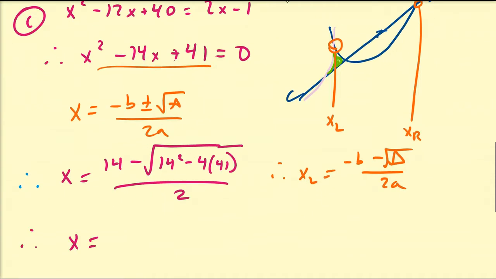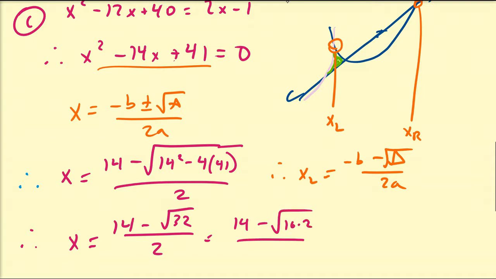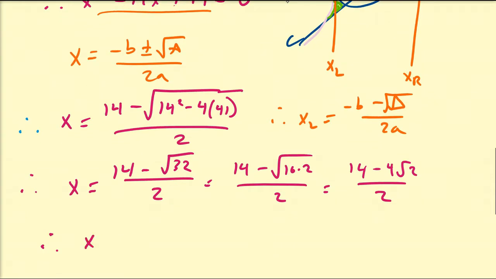So x must be equal to 14 minus the square root of 14 squared minus 4 times 41, that's going to be 32, all over 2, which is 14 minus the square root of 16 times 2 over 2, or 14 minus 4 root 2 over 2, or more simply, x is equal to 7 minus 2 root 2.